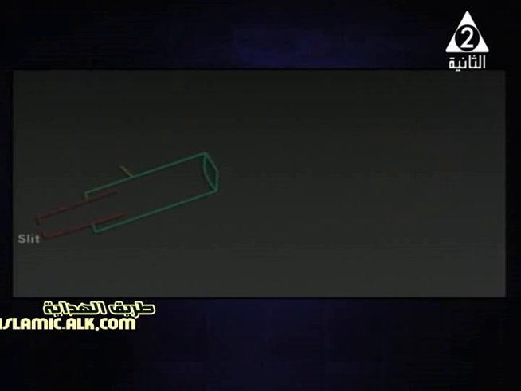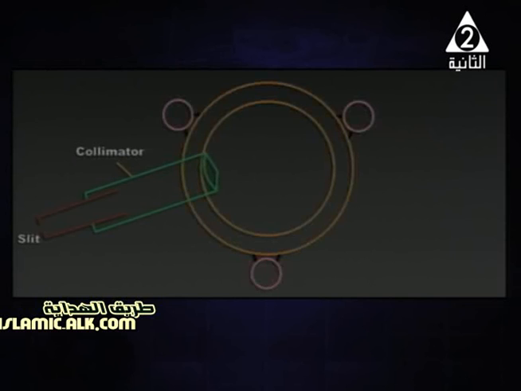Structure of the spectrometer, structure of the device. We've got three major components. The first is the collimator. Then we've got a prism set in the position of minimum deviation.